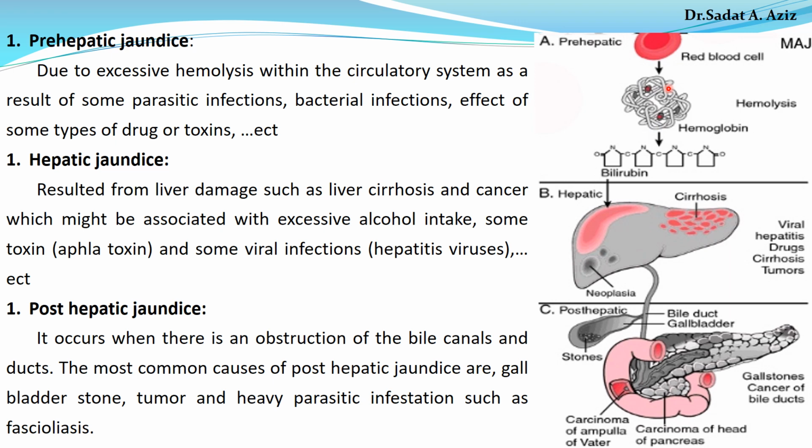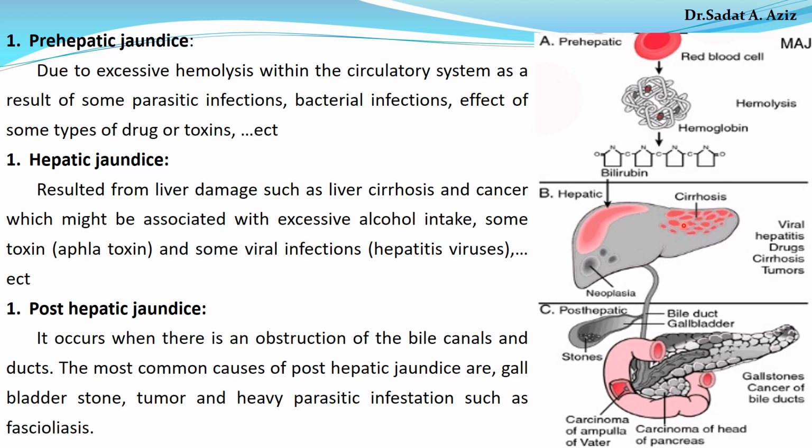Then we have the second type of jaundice, which is called hepatic jaundice. When you say hepatic, it means that the defect is directly related to the liver, such as liver cirrhosis or liver cancer.